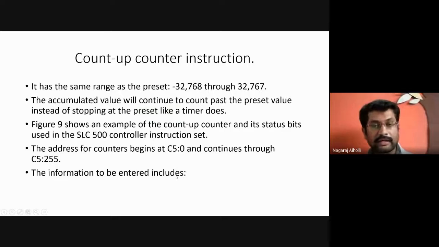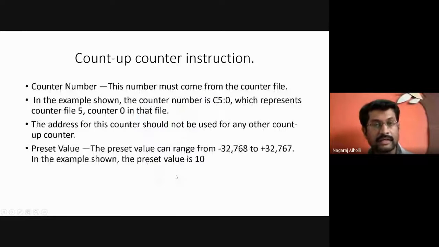The information to be entered includes the counter number. This number must come from the counter file. Here the counter number is C5:0, which represents counter file 5, counter 0 in that file. Address for this counter should not be used for any other counters.